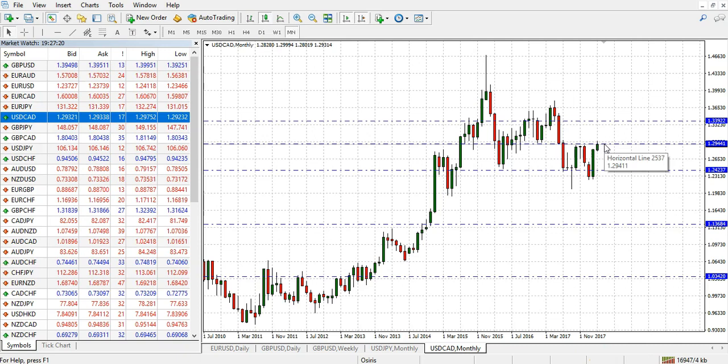Right now the exchange rate is below 129.50. That means there is some interest by institutions to protect this level, but at the same time the 129.99 was protecting the round figure 130.